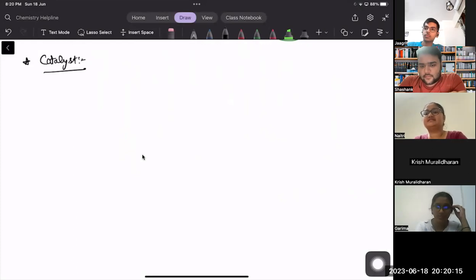So basically, it's a substance which helps to fasten the reaction. Okay. Anyone else? Jagrit? A substance which helps to change the rate of the reaction without getting involved in the product. In the process, not in the product. Very good.